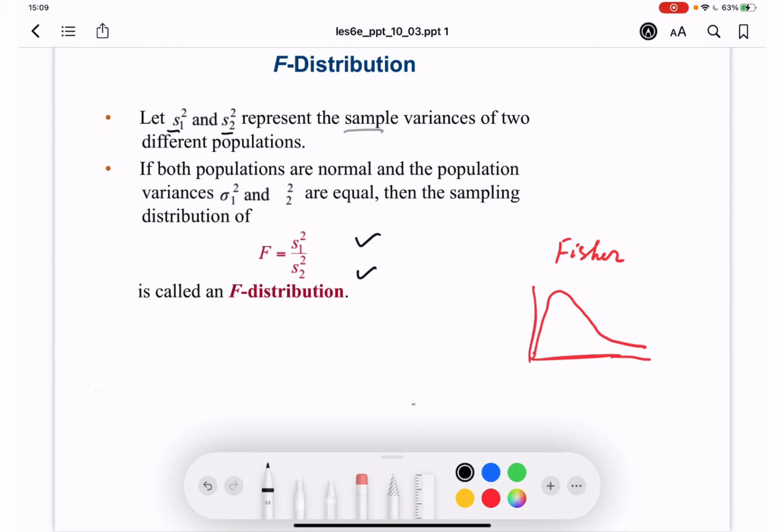If both populations are normally distributed and the population variances are sigma 1 squared and sigma 2 squared, and they are equal, then the sampling distribution is F equals S1 squared over S2 squared.